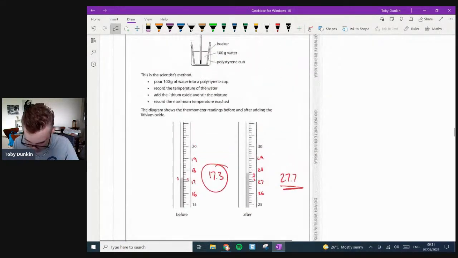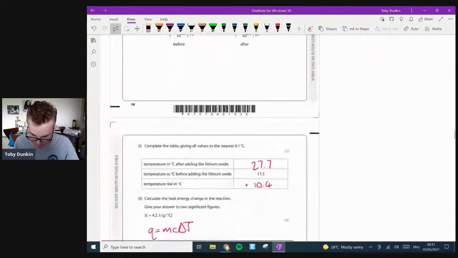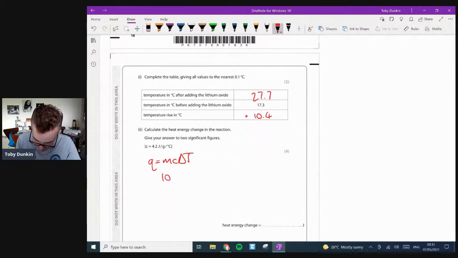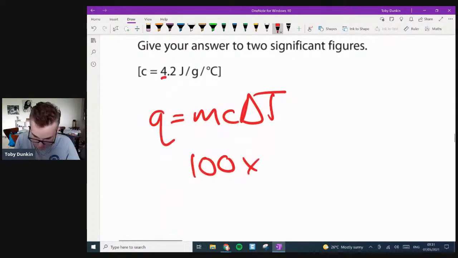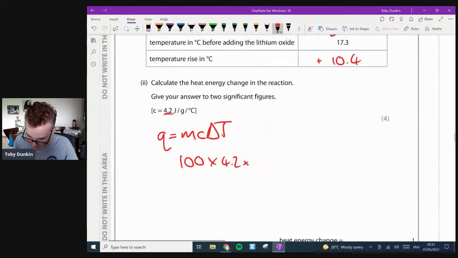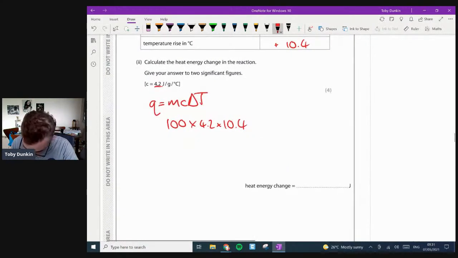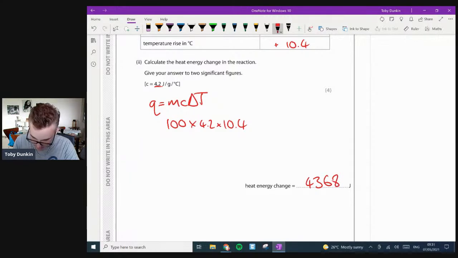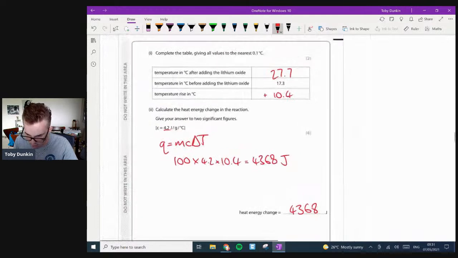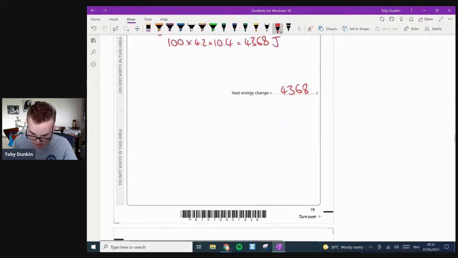The mass of the water was 100 grams, multiplied by the heat capacity of 4.2, multiplied by the temperature change, which is 10.4. So 100 multiplied by 4.2 multiplied by 10.4. And I get an answer of 4,368 joules. I like it. 4 marks. 2 numbers. Calculation done.